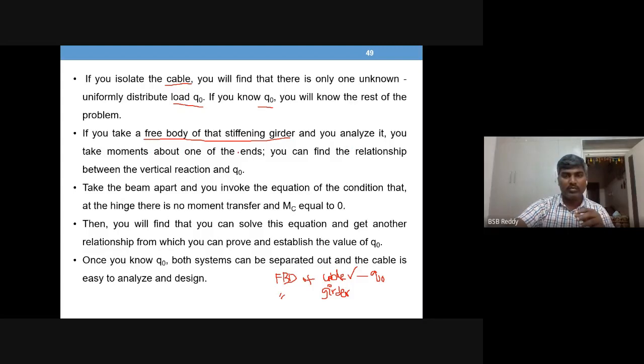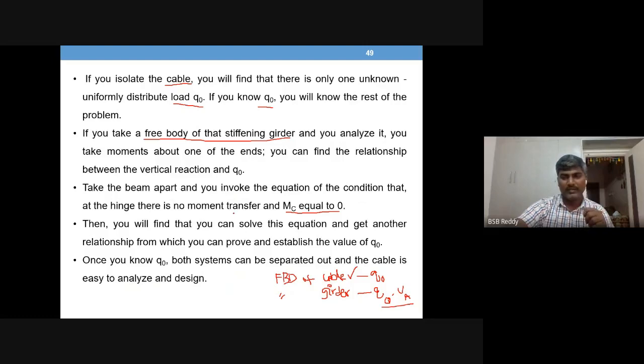So you take moments about one of the ends, and you can find the relationship between the vertical reaction and Q naught. Formulate the equation where you will have unknowns Q naught and either VA or VB, whatever it is, the vertical reaction at A or B. Now take the equation available in the girder at the middle, where the third hinge is provided.